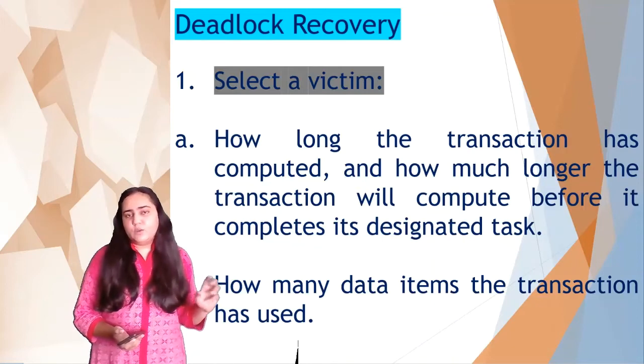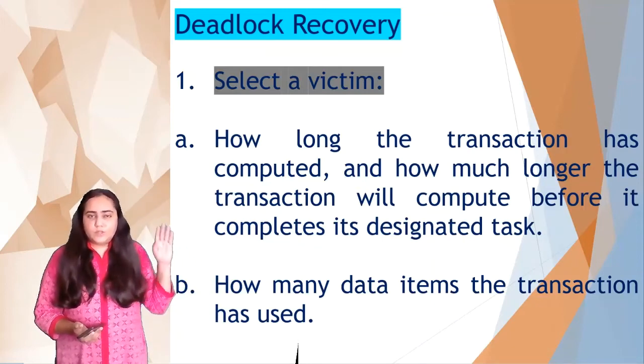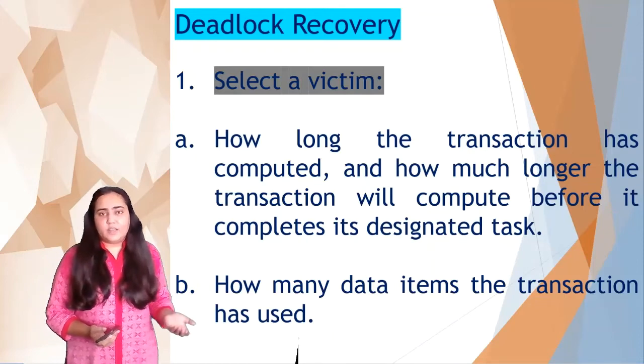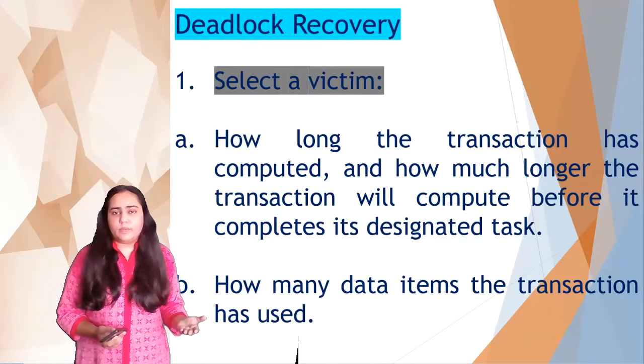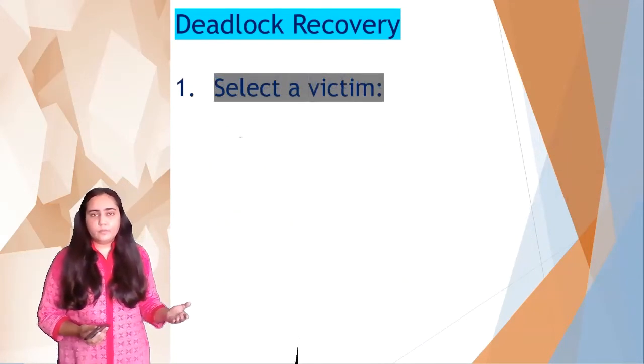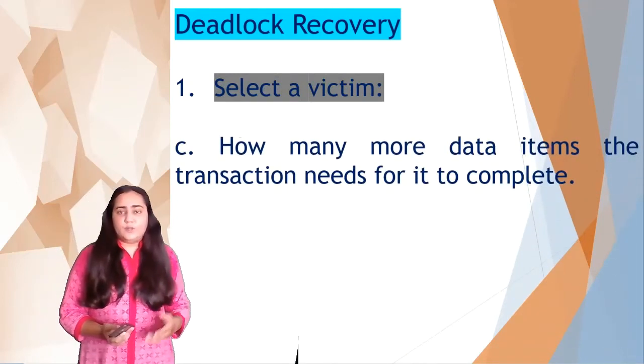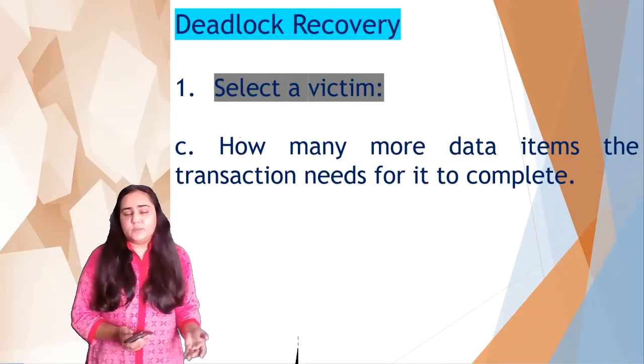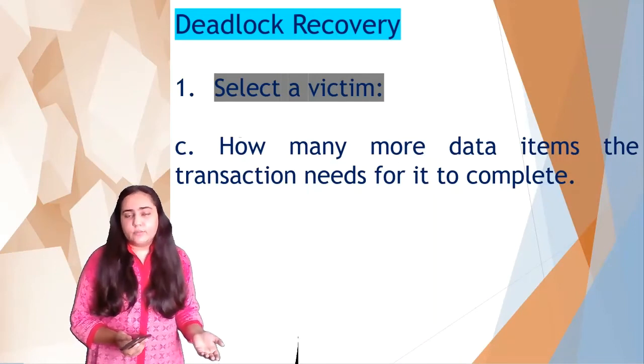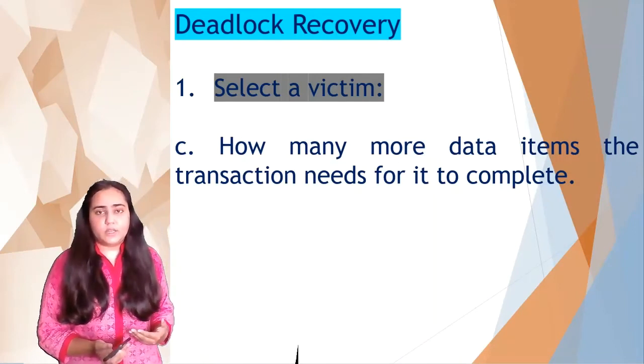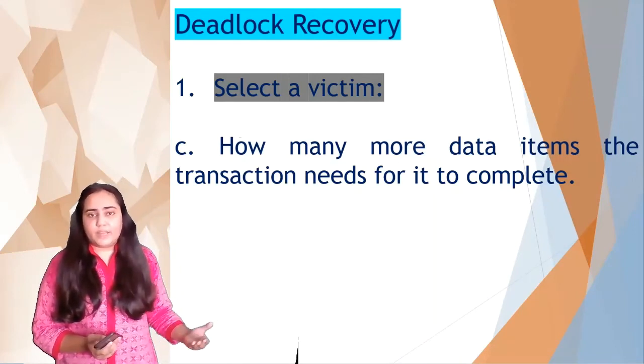And so it's a tricky question here also, but you need to consider all these things and then decide which transaction will be the victim. Next, we also see how many more data items the transaction needs. So based on that also, we can decide whether or not to roll back the transaction.